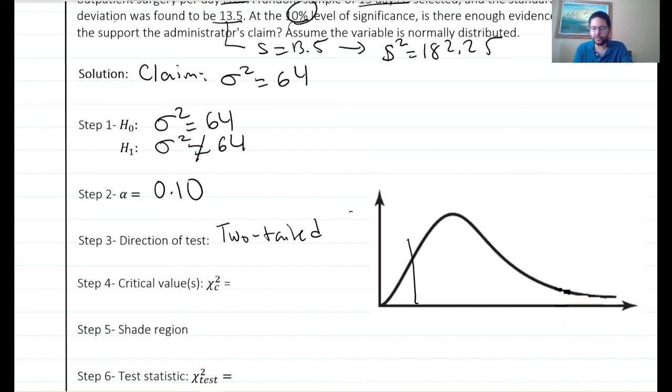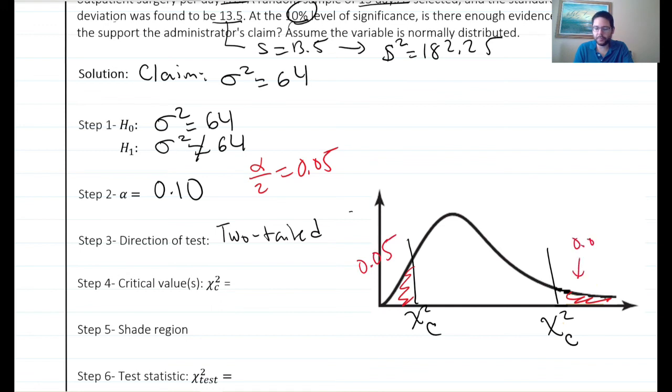So that means we have two chi-squared values that we got to look up. Now the area on each side, remember, we got to do alpha divided by 2 here, which is 0.05. So each of these areas is worth 0.05. But that doesn't mean we're going to look up 0.05 on the table for both of them.